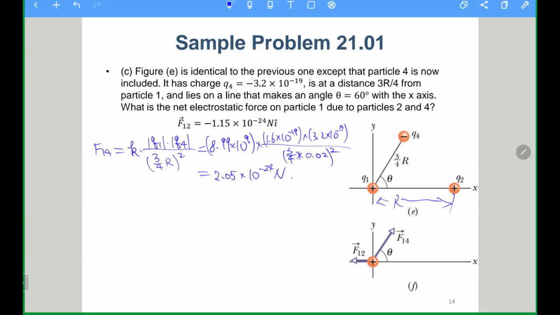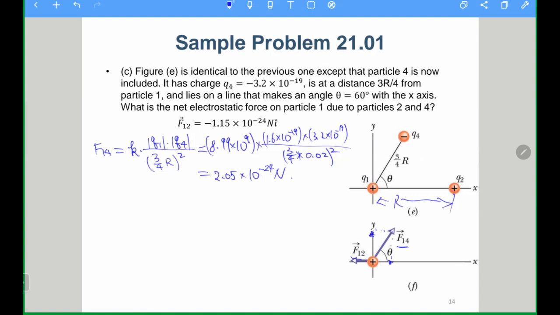Okay, so the force F14 should point to the top right, like this one. And now we need to add F12 and F14 together. Of course, they're not pointing in the same direction or opposite directions, which means we need to decompose F14 into an x-axis component and a y-axis component.